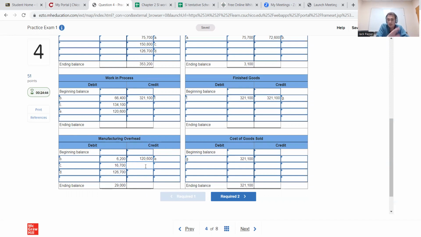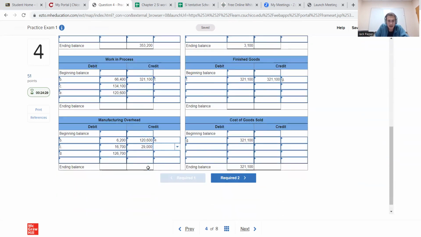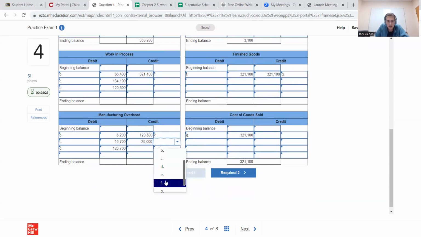So the way I'm going to do that is if I see 29,000 on the left for the debit, I'm going to credit manufacturing overhead on the right. And if I hit enter here, it's going to get zero. Great. That's fun. That's what we want. So that'll be H. Now, we don't even have to memorize debits and credits here because we understand we have to zero this, and we understand that we zeroed it with a credit.